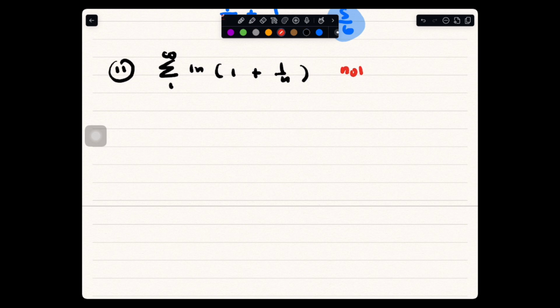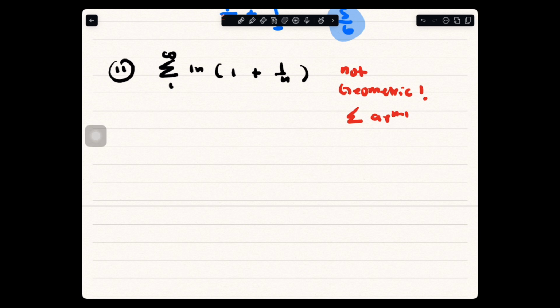Again, this is not geometric. You say, why is it not? Well, you can test it the way we did it last week, but it's not of this form, your geometric series. So, okay. Now, you might say, well, what do we have to do then? Well, the only thing we have is the sequence of partial sums.